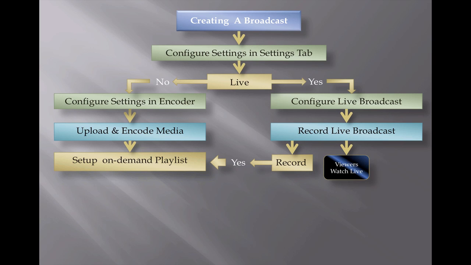Once you've provided the available content to the system, you need to set up an on-demand playlist, which is simply a sequence of content, whether audio and or video and or graphics, that you want to play in a particular order. In addition, once the playlists are defined, you can simply create a scheduled time block, effectively like a TV guide, where it just identifies the particular things that are playing on a particular channel at a particular time, and if there's any recurring playback to that.